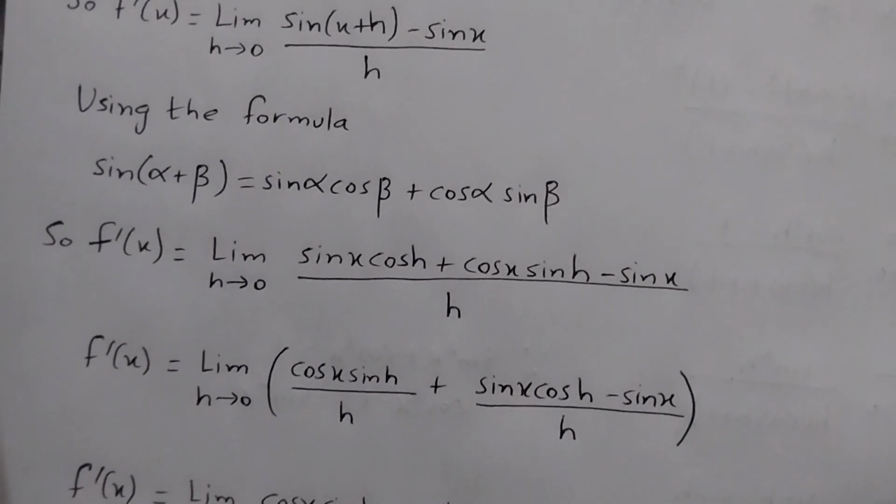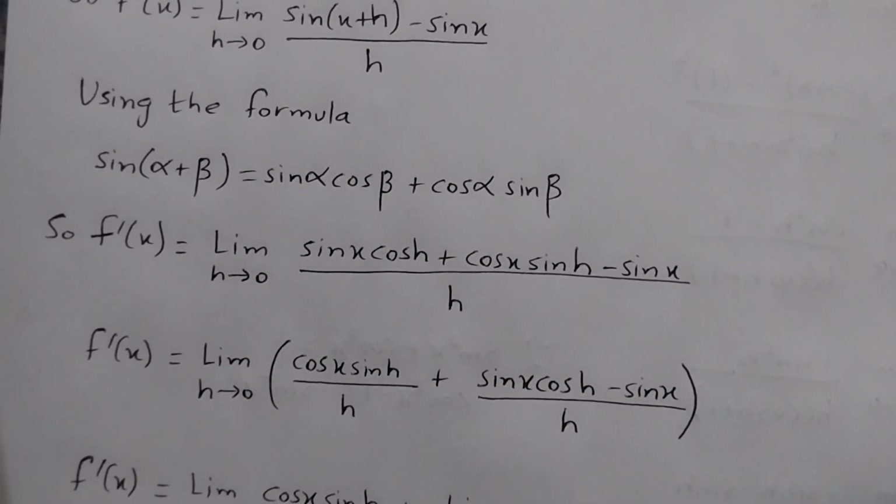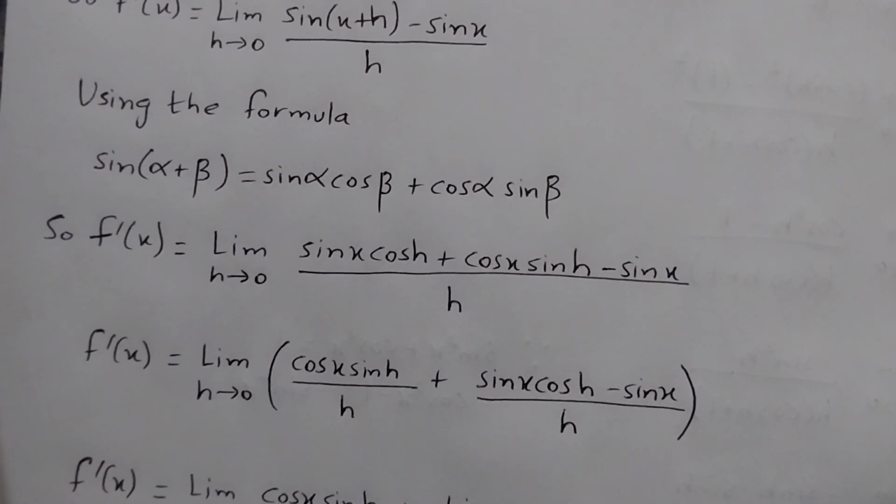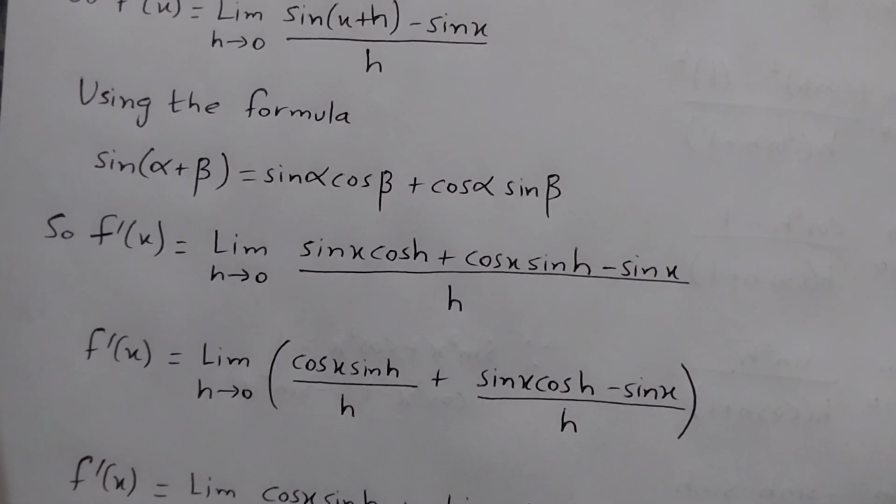So our derivative f dash of x will be equal to limit h approaches 0. So now we can see that in the numerator we have three terms, and two of those terms have sin x in them, so we can separate those terms. So I have separated those terms, sin x cos h and minus sin x. I have written them separately, and I have written cos x sin h term separately.